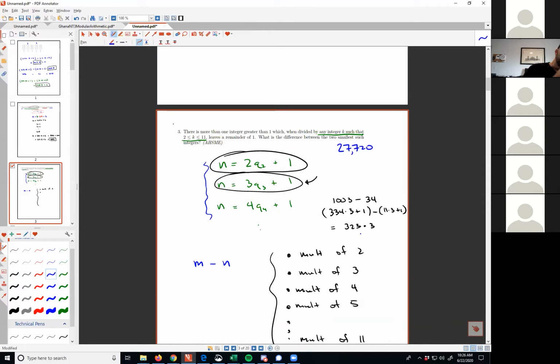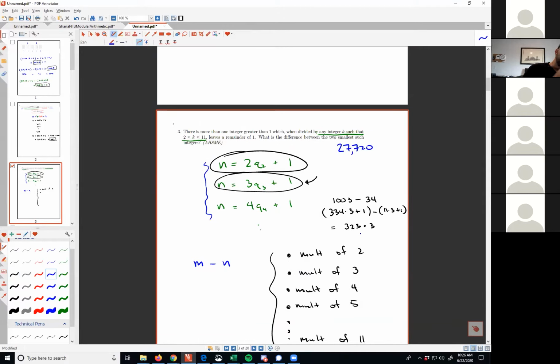Actually, Mr. Crawford, I'm still not sure about that part about the multiple, how we were able to use the fact about the common multiple difference to solve the question. Okay, so let's summarize what we did.